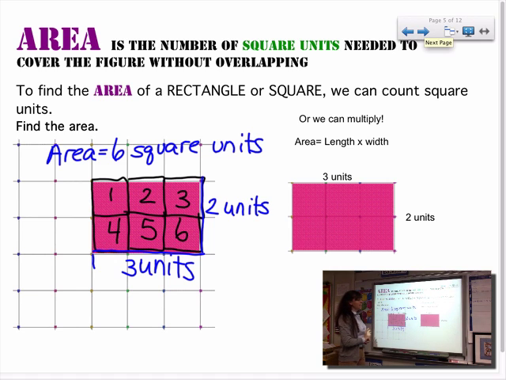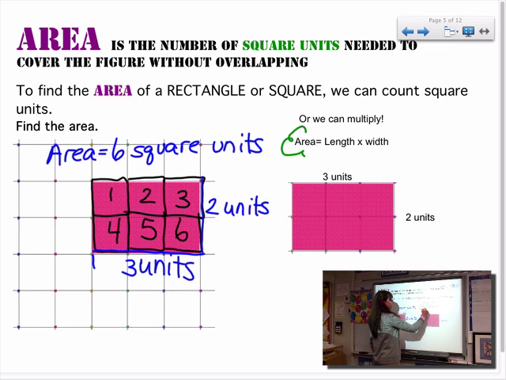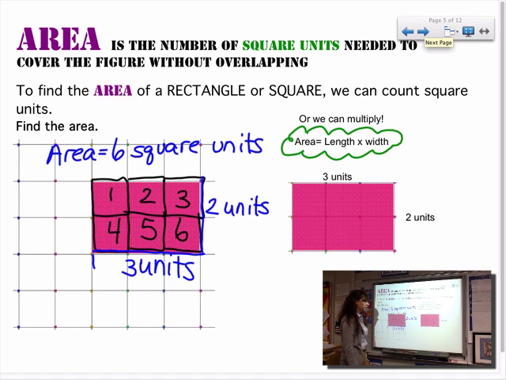In order to find the area of this rectangle, we can think of this special number sentence, area equals length times width.